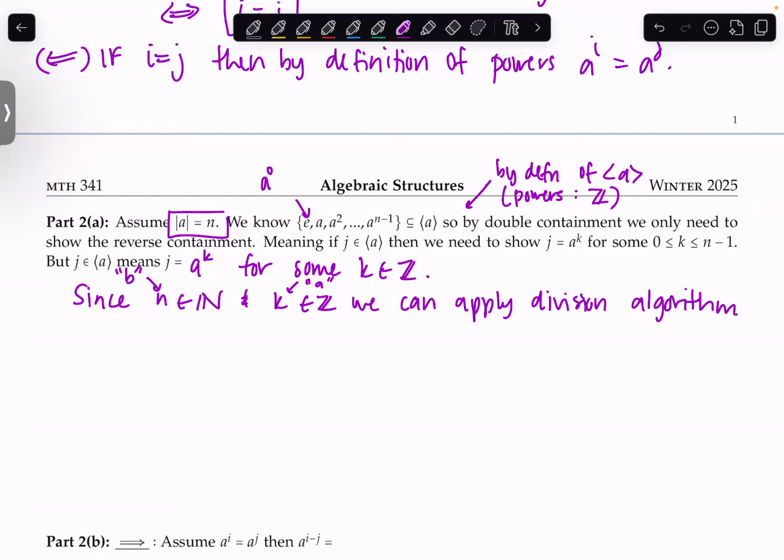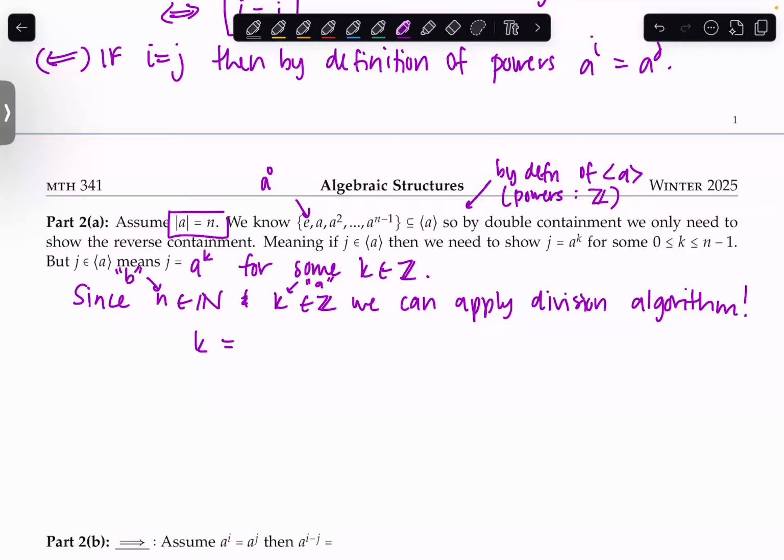So what relationship do I have between my n and my k, which is the old b and a? Which one can I write as the other, and what are the pieces here? So can I write a in terms of b, or can I write b in terms of a? A in terms of b. So here I'm going to be able to write k in terms of my n value.